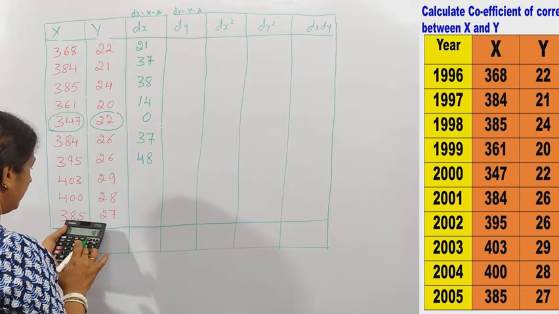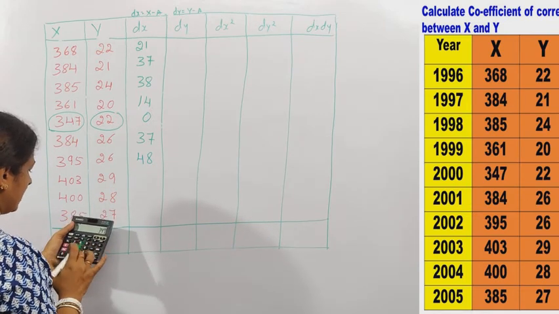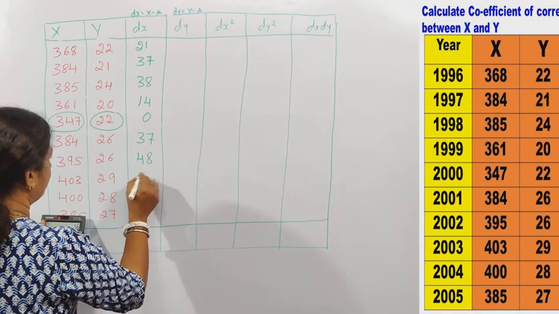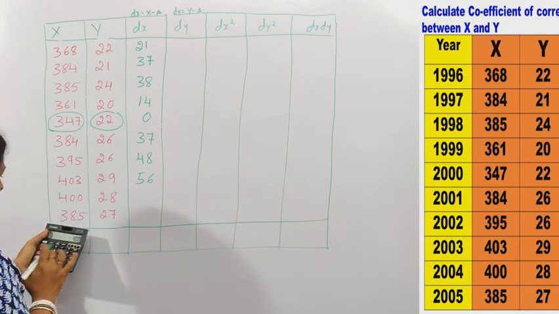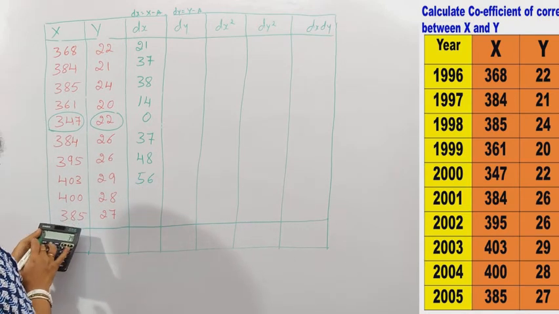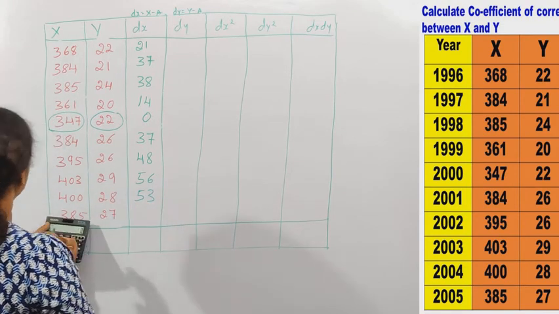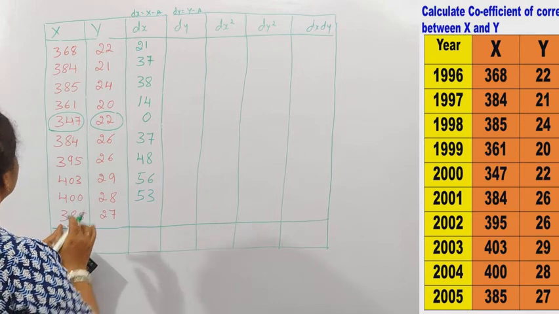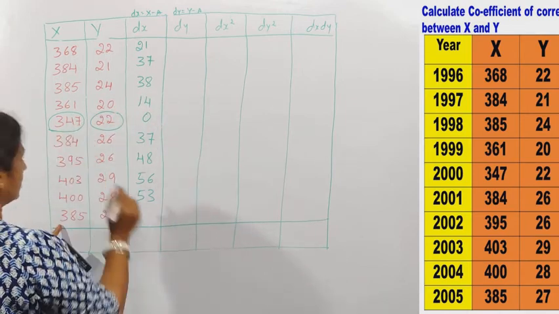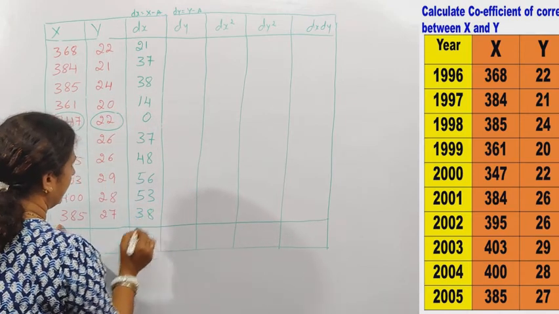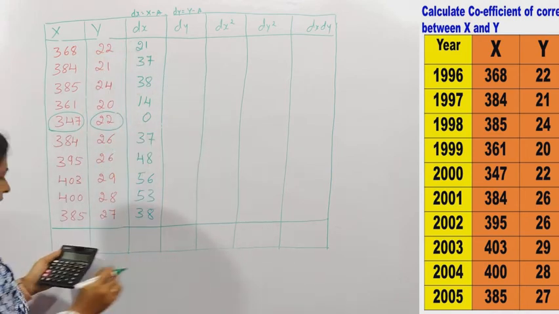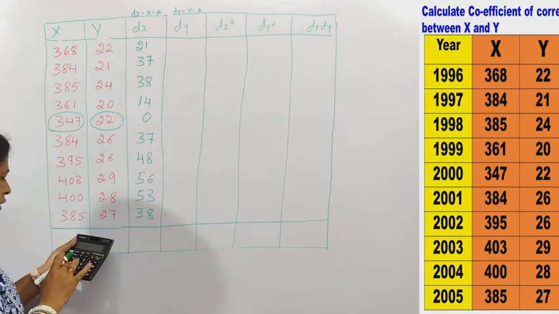Next, 403 minus 347 is equal to 56. Next, 400 minus 347 is equal to 53. Again 385 minus 347, 38.